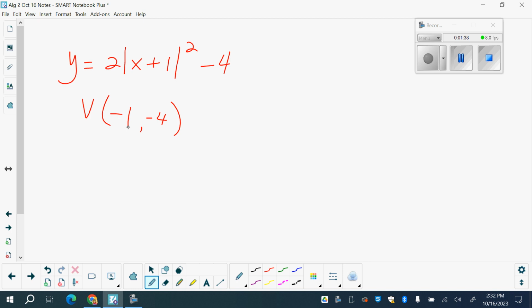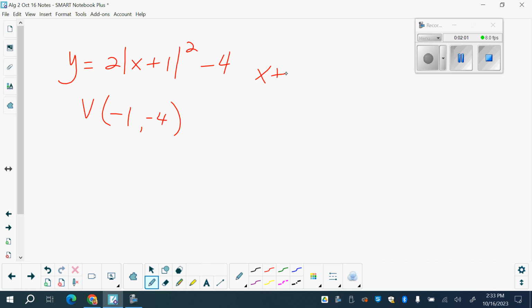I know that was last chapter, not even this chapter that we're in. So we always took the opposite of what's inside here. So remember the y value, this is the y value, so the y is on this side and this is on the other side. So y is equal to -4.